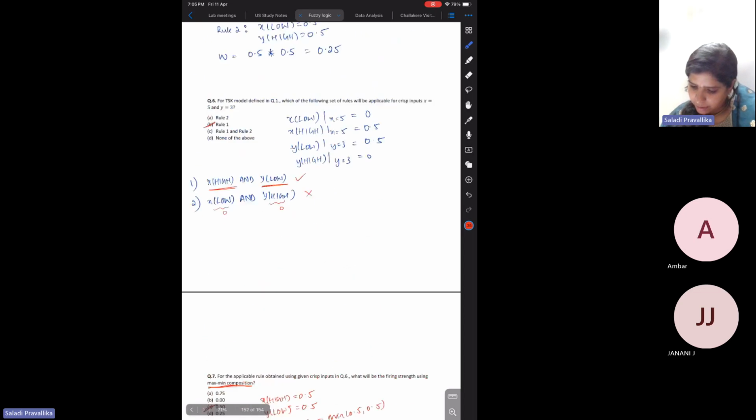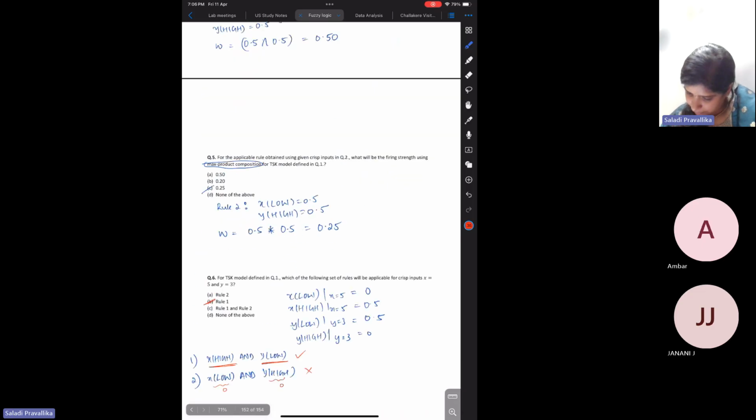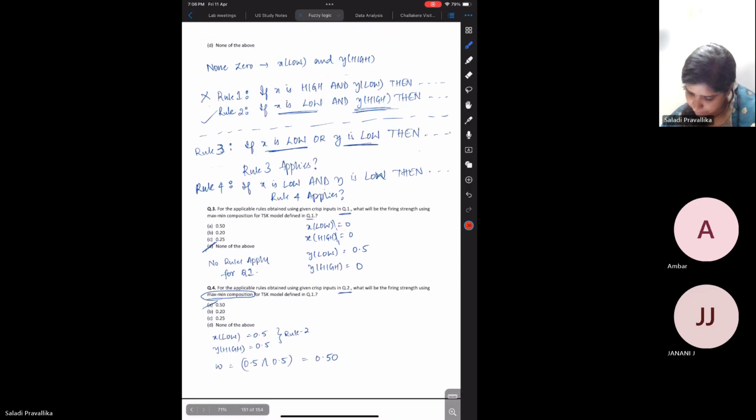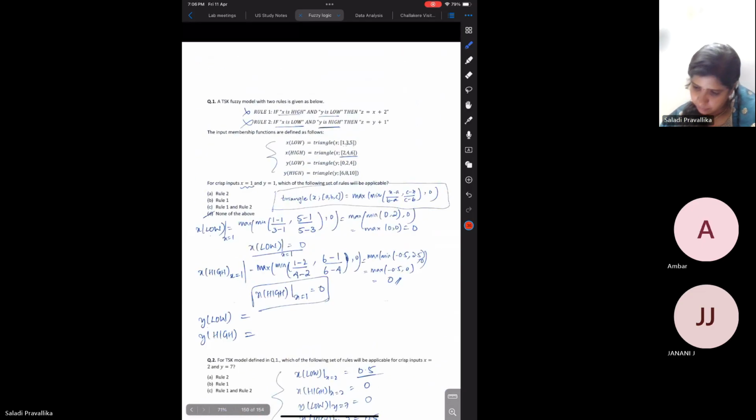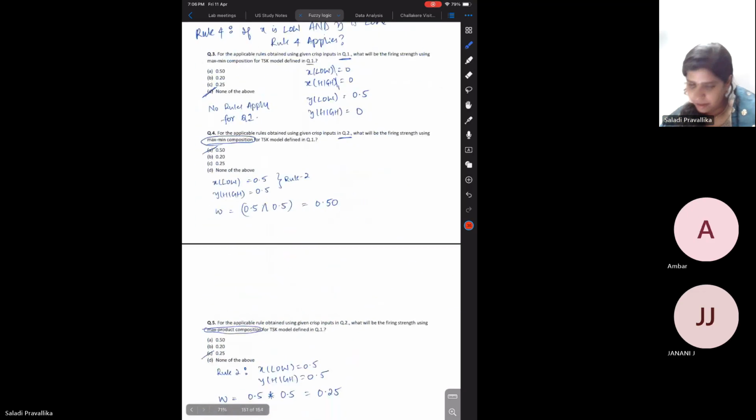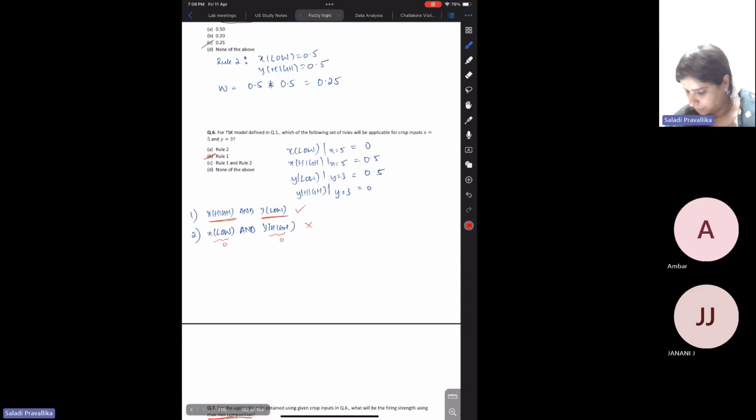So let's look at the equation, rule 1. So rule 1 is applicable, right? So if X is high, Y is low, then Z is equal to X plus 2, right? That is the consequence that we got.